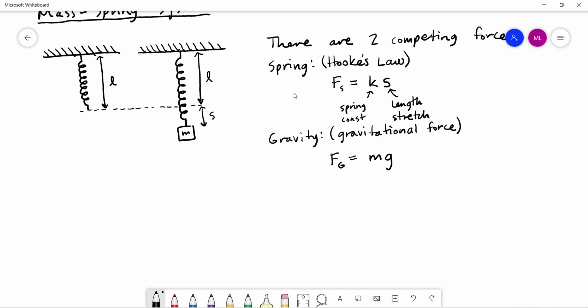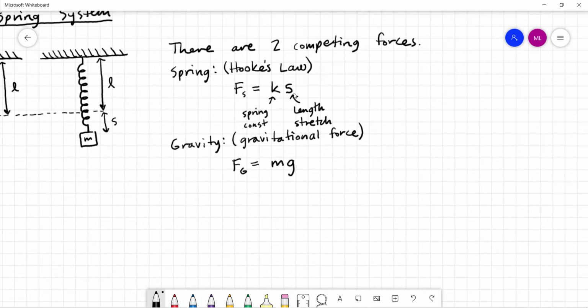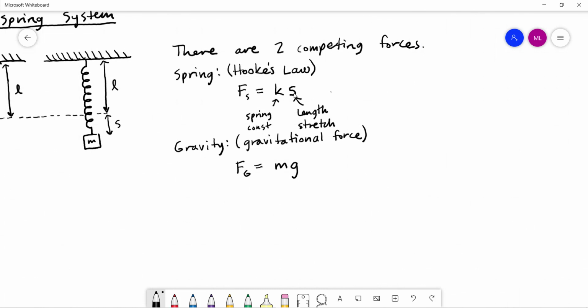So it's equal to m times g. This is the idea. Both of these have units of force, so both forces have the same units.